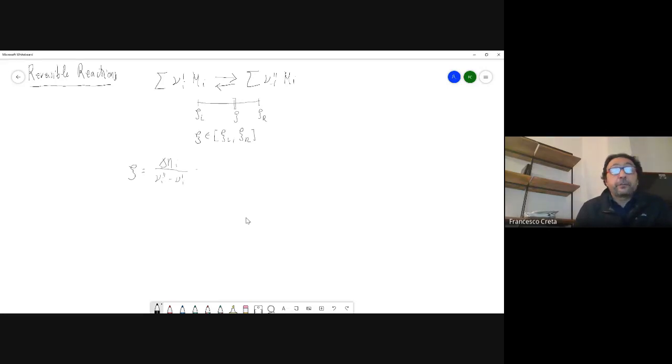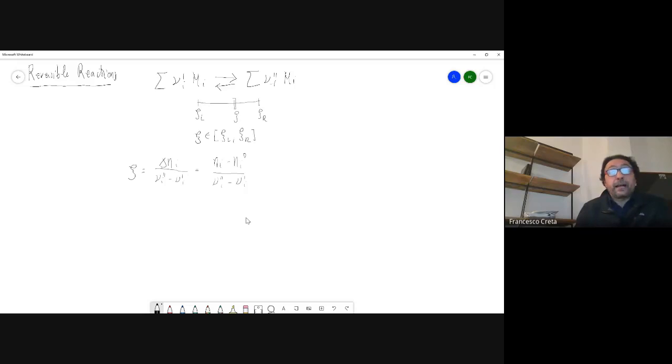So the definition of progress variable is essentially delta Ni, which is Ni minus Ni0, the current composition corresponding to a certain value of psi, minus the initial composition, normalized by the fixed value of the difference in the stoichiometric coefficients.